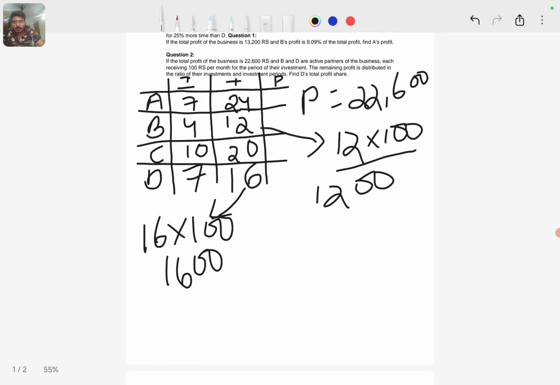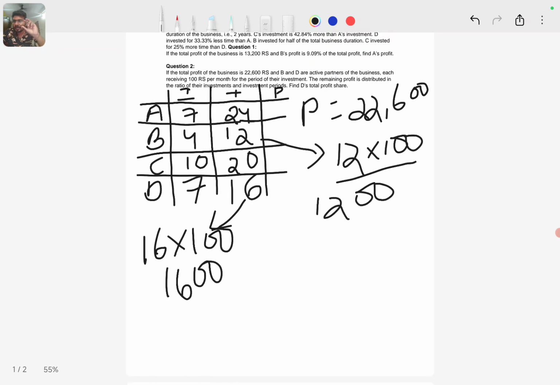So whenever the active partner and sleeping partner concept comes in, we need to remove the active partners' profit from the total profit, and from the remaining profit we share the profit among themselves in the ratio of investment into time.